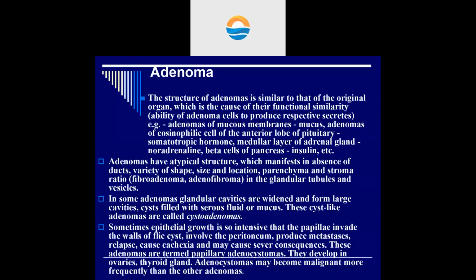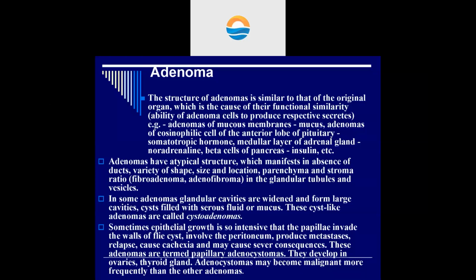Adenomas have a typical structure, so tissue atypia, for example, absence of ducts, variety of shape, size, and location. We see different parenchyma and stroma ratio, for example, in case of fibroadenoma or adenofibroma, so various ratio of such tissue.